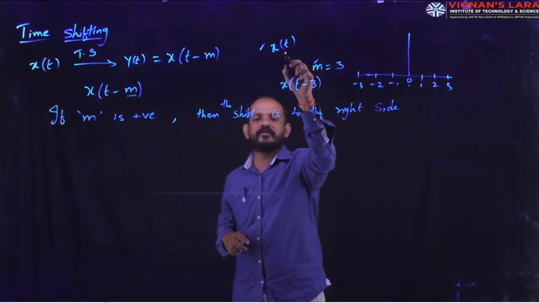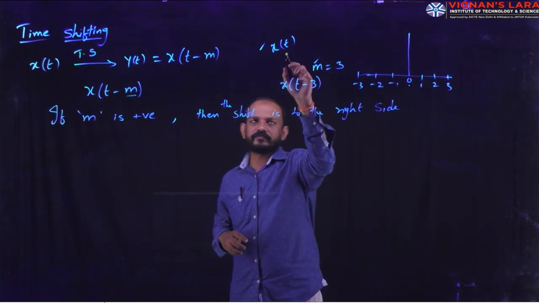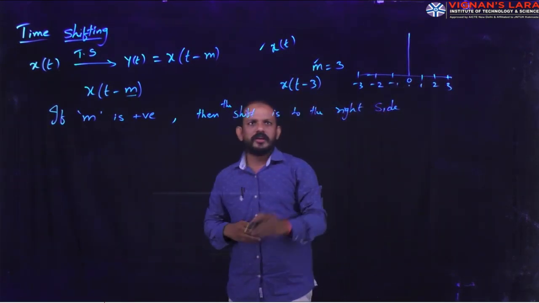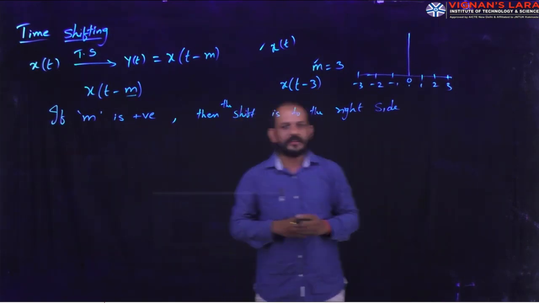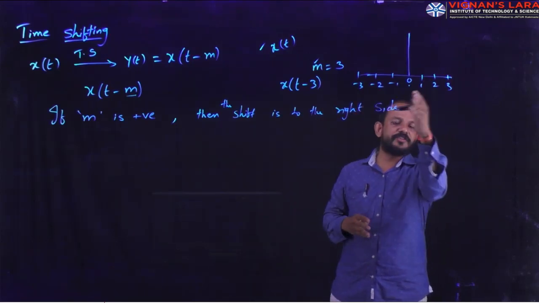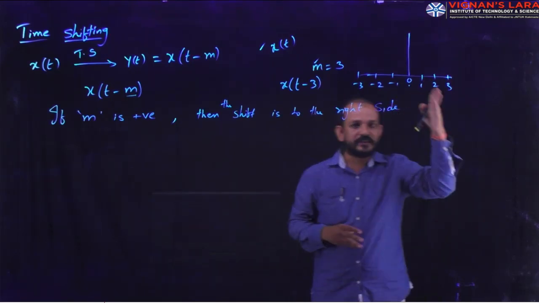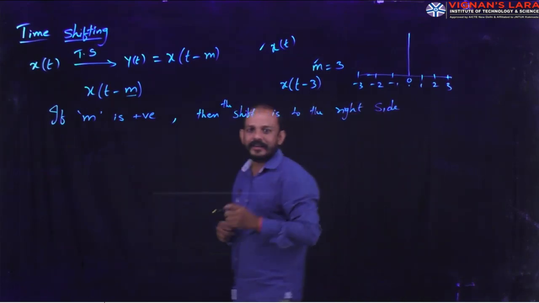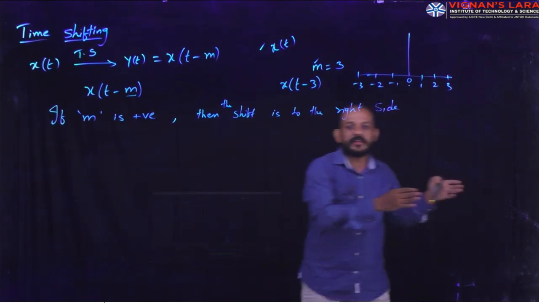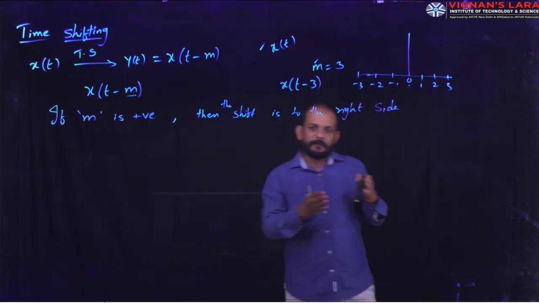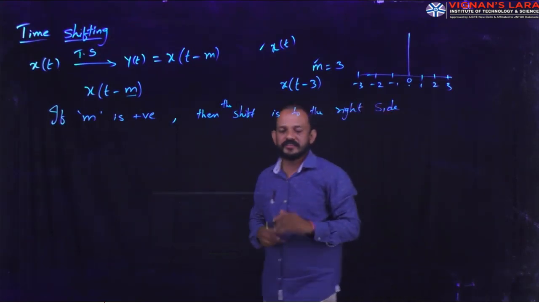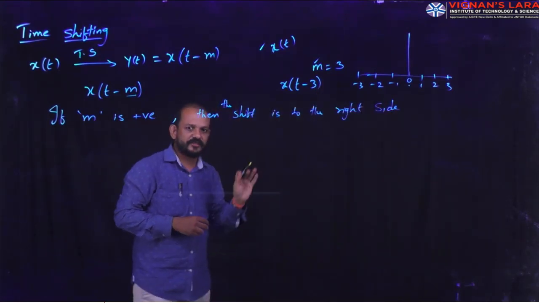Only the starting point changes. The signal x of t is from 0 to 4, so x of t minus 3 is from 3 to 7. That is, add that 3 to the starting point and to the ending point: 0 plus 3, and 4 plus 3 is 7.